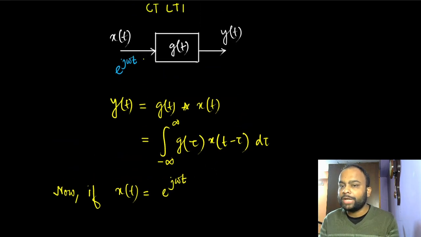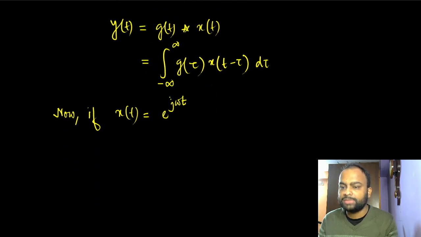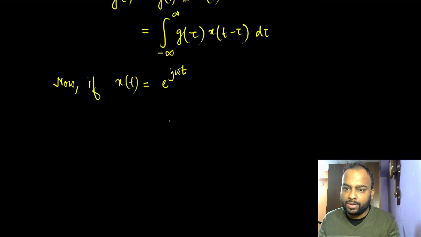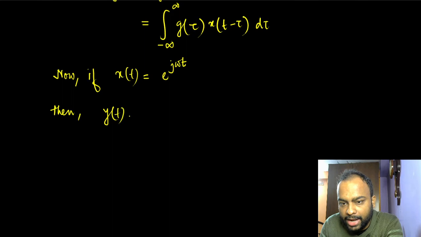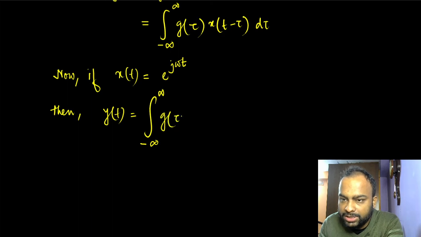Of course, it's a sinusoid where the frequency of the oscillation is omega radian per second, right? Again, this is a complex representation. Complex representations often make the calculations simpler. So the output here under this scenario is again going to be integration from minus infinity to infinity of g(tau) times x(t minus tau) d tau, and this is the definition of x(t).